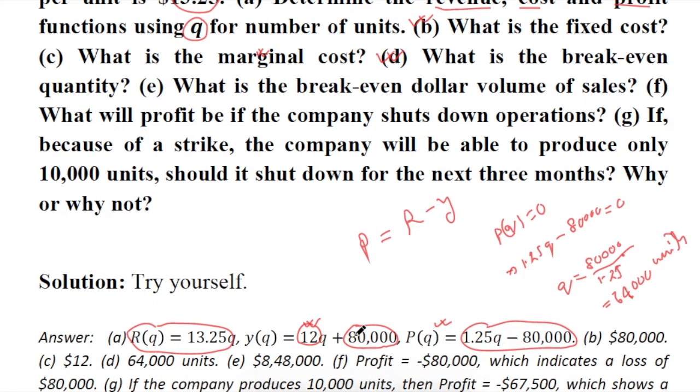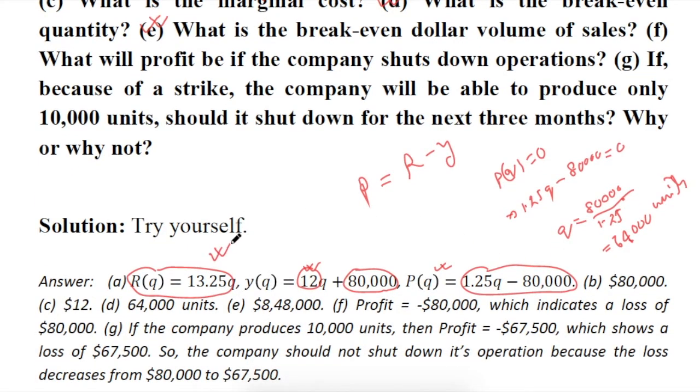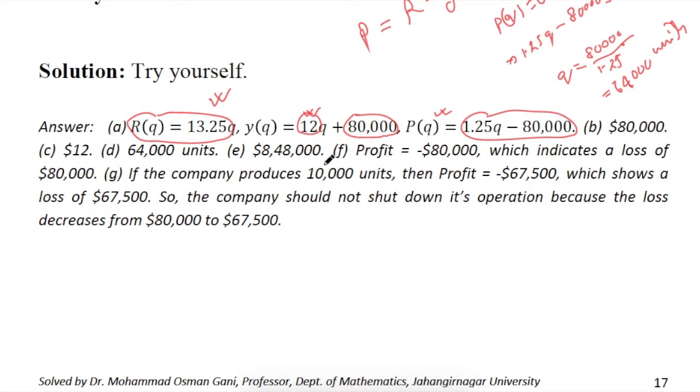And now the next one, what is the break-even dollar volume of sales? If you put 64,000 in the revenue function, then you will get the break-even dollar volume of sales, that is this. So the break-even point in the break-even chart will be 64,000 comma 848,000.